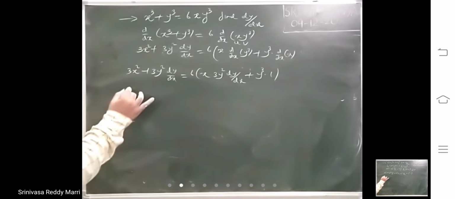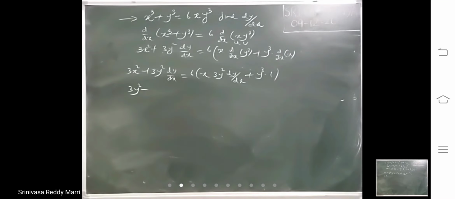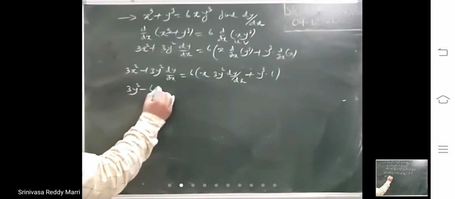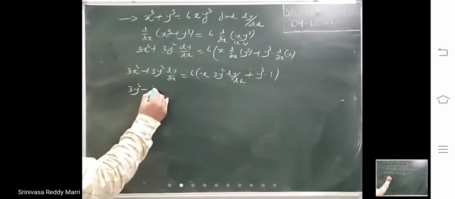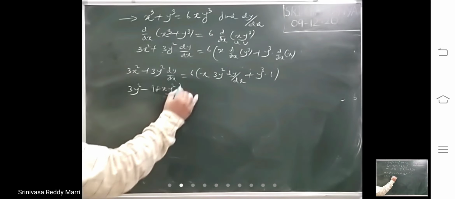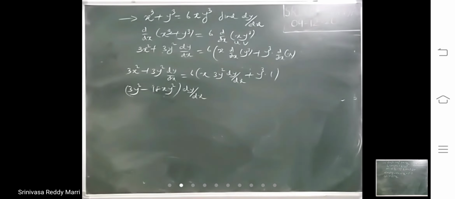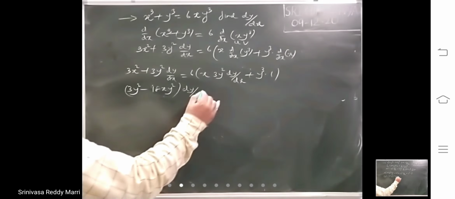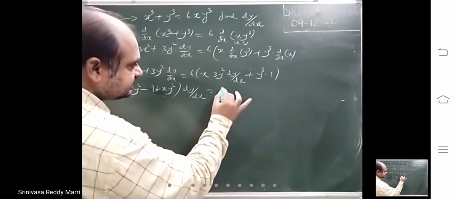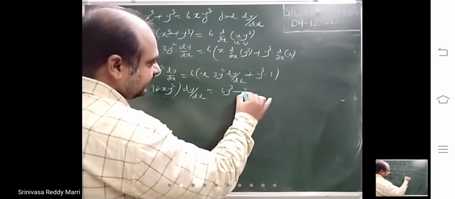All the dy by dx terms this side. So 3y square minus 18xy square into dy by dx equals 6y cube minus 3x square.